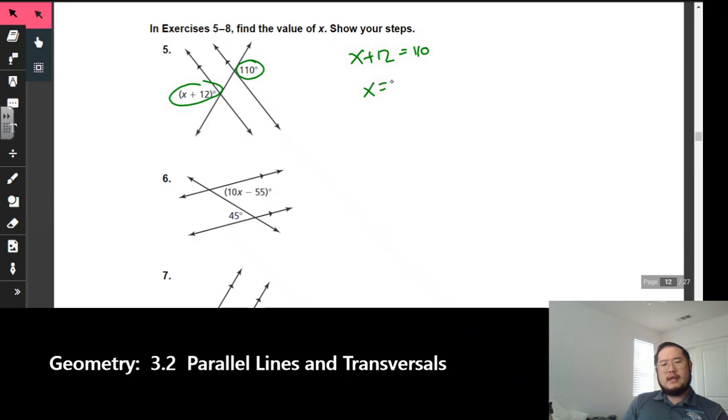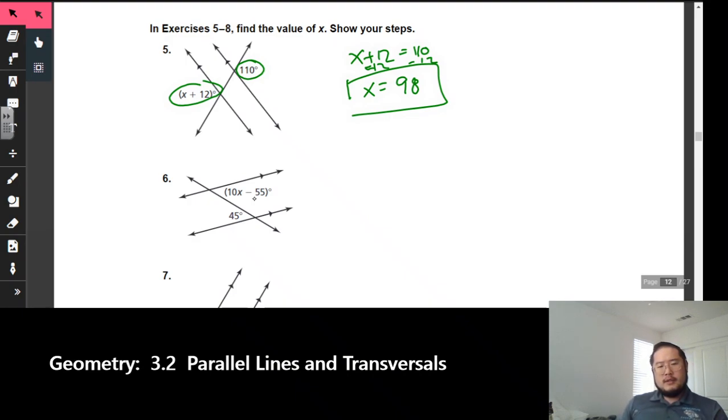We subtract 12 from both sides, and we'll end up with x being 98. Make sure you show your step, subtract 12 from both sides. So we're using the relationships to help us solve our problem here.